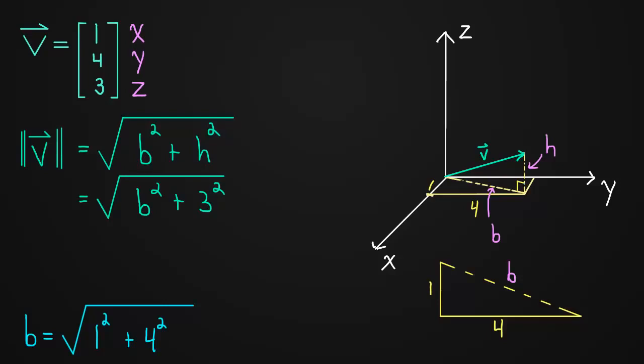Well, now that we have a term for B, let's go ahead and plug that in. So we have B, which is the square root of 1 squared plus 4 squared. And now B is being squared, and then plus 3 squared.